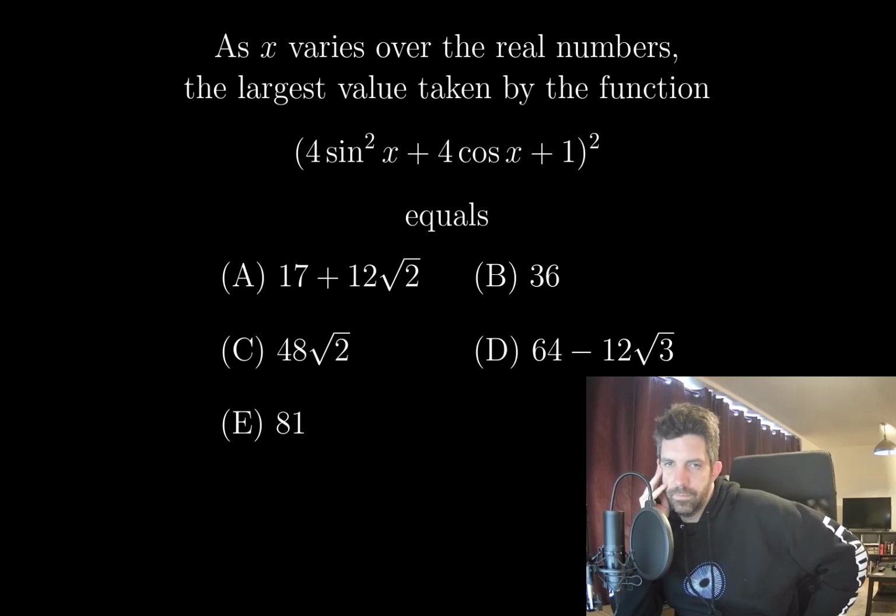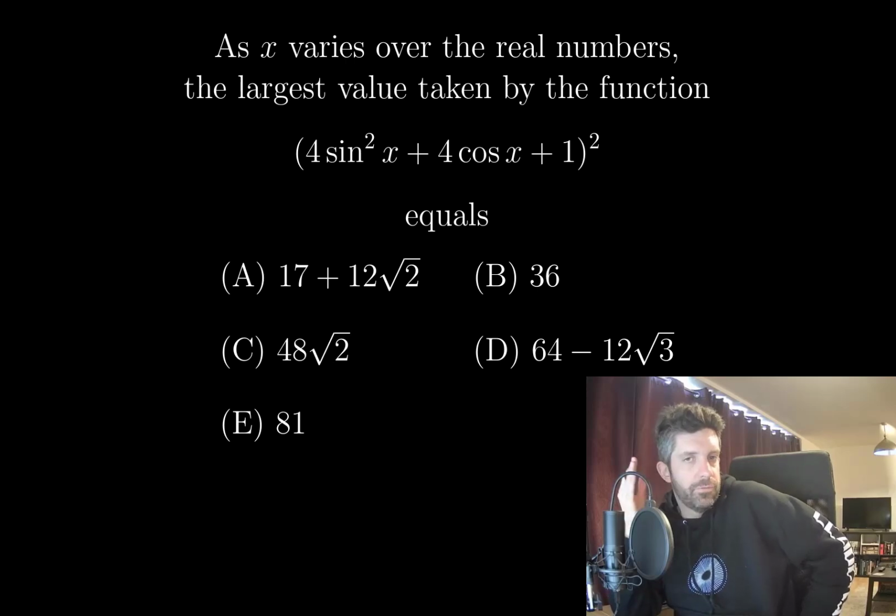It's almost certainly going to be the maximum positive value because we have plus 1 at the end. So that's my first thought. But if we both maximize and minimize the thing inside, and if the minimum happens to be negative, that's the thing that'll be key.